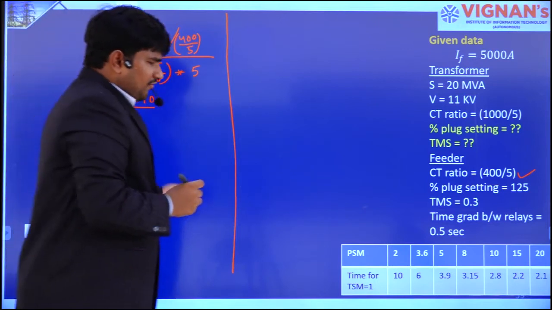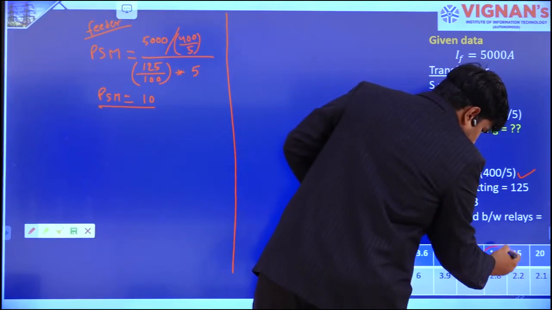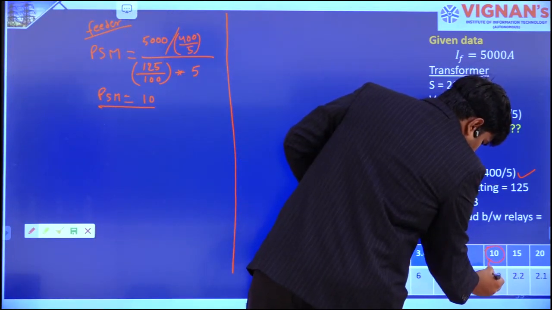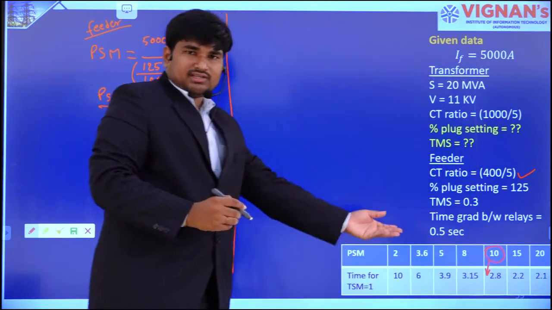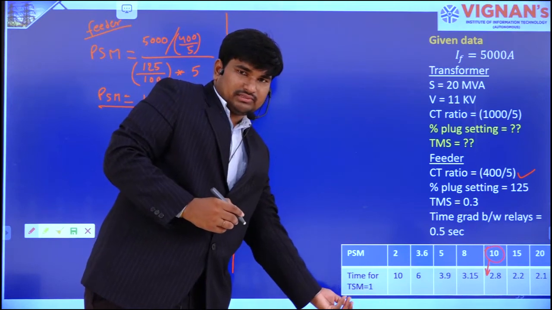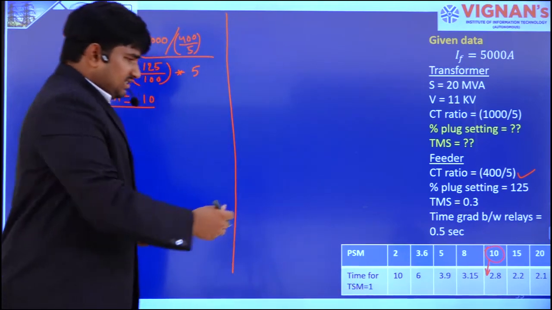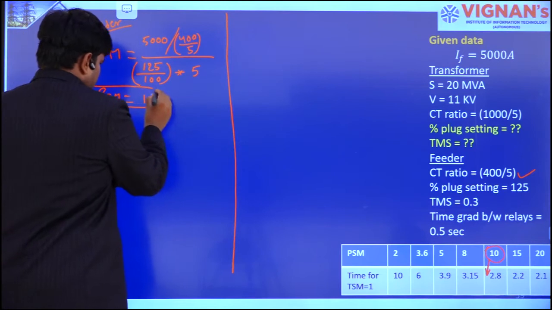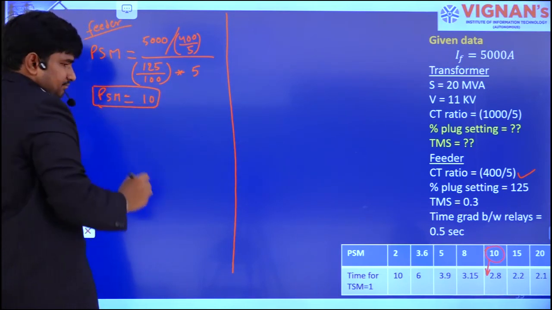For the value of PSM equal to 10, what is the operating time at TMS equal to 1? That means the unity operating time, which is equal to 2.8.